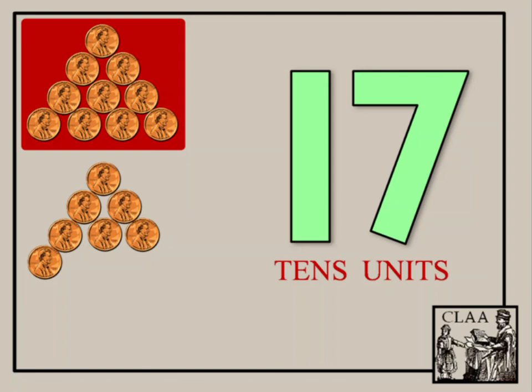That's in the red box. There are also 7 units left over. So the number 17 is written with a 1 for the number of tens and a 7 for the number of units. 17.